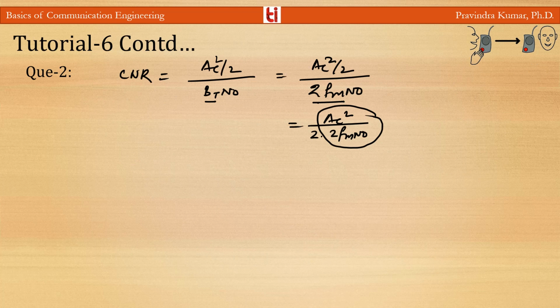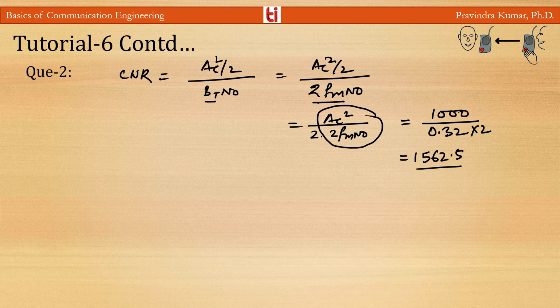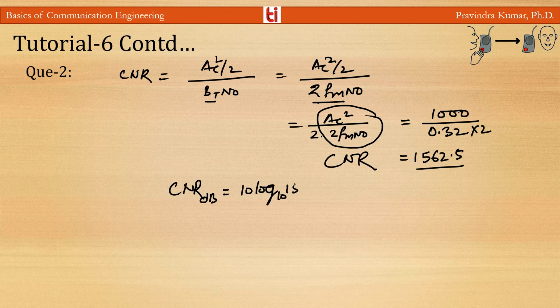So it will be equal to 1000 by 0.32 into 2, or equal to 1562.5. So this is the SNR, and the SNR in dB we can calculate by taking 10 log10 of this value 1562.5. So it will be equal to 31.9 dB.